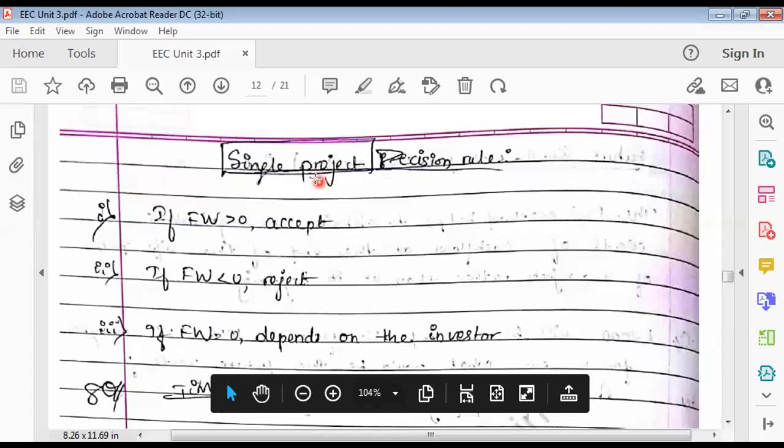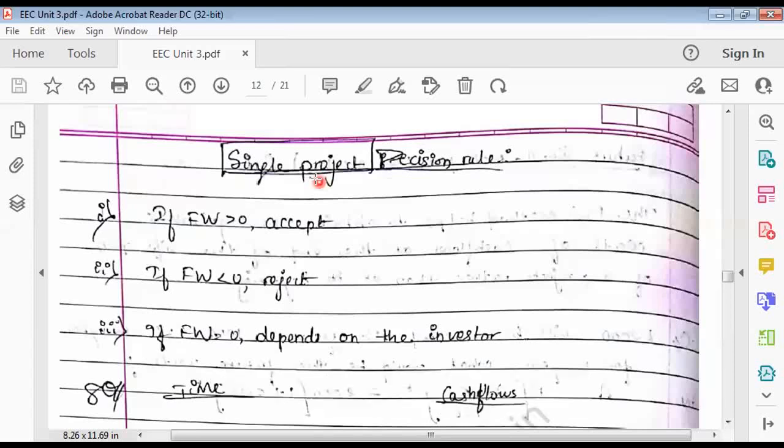So compute FW using the two formulas I just talked about. Then at the end, look at the value you've got. If it is greater than 0, you answer in positive, as per the question. And if the FW value is less than 0, then you answer in negative, meaning reject. You should be rejecting the project.